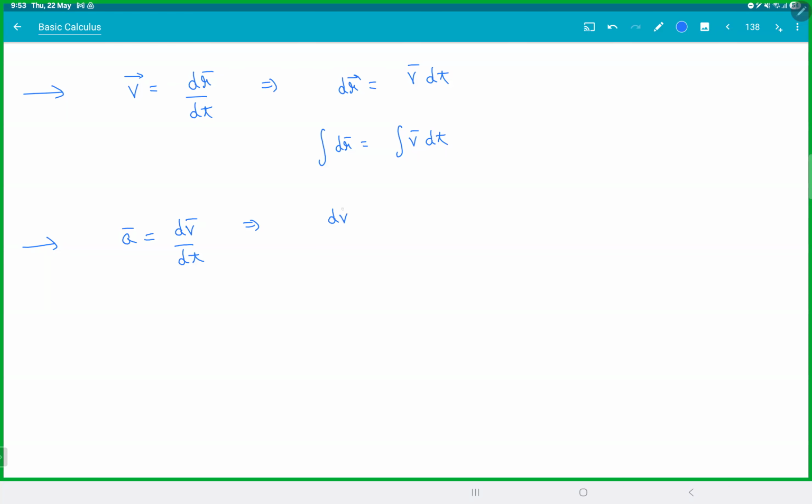I can write this as dv bar is a bar dt, so integral dv bar is the integral of a bar dt. We also know another formula for acceleration: v dv by dr. We'll just keep it for one dimension now. So v dv will be a dr. There, these will be the formulas.